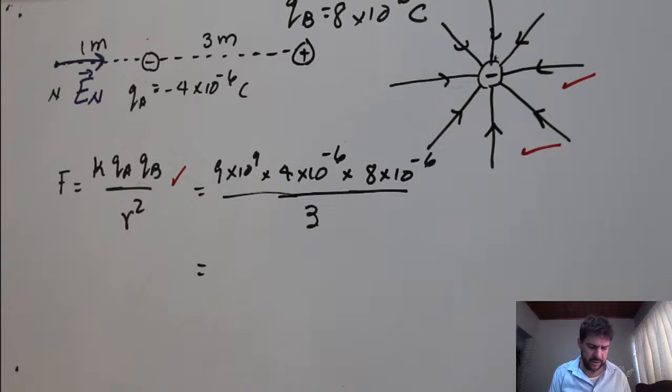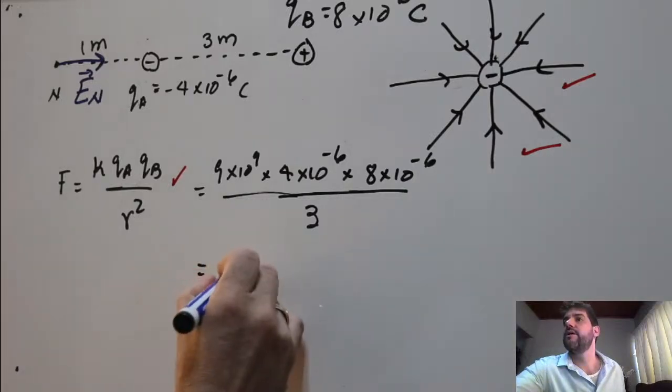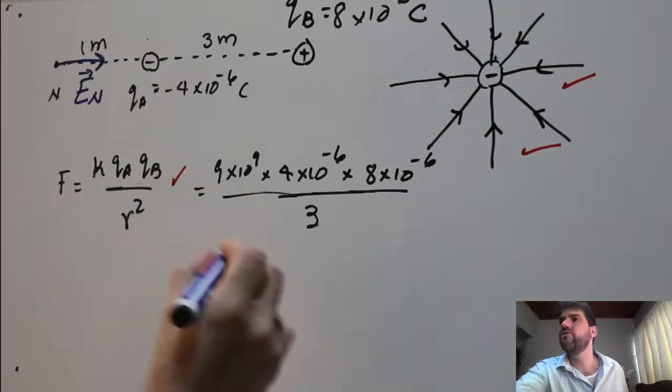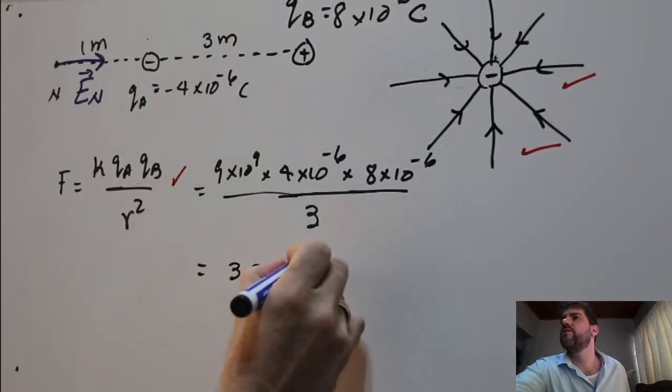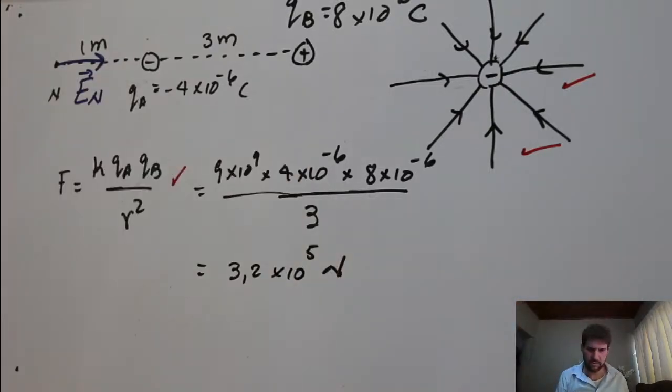Okay, I want this one in scientific notation. Guys, I got 3.2 times 10 to the 5 Newton. All right, that is what I get. I have the answer somewhere here, but I wanted to calculate it. 0.032.